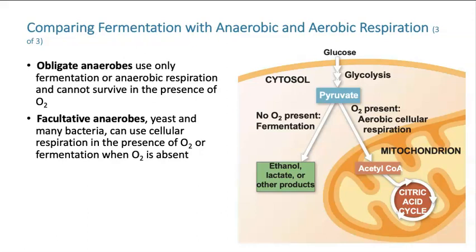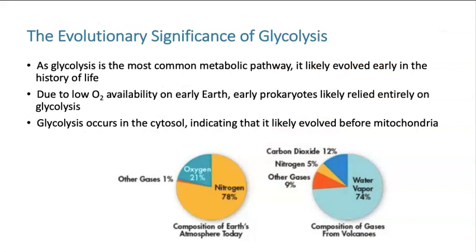Facultative anaerobes. Facultative means, yeah, maybe we can do it, maybe we can't. Sometimes we do, sometimes we don't. Facultative anaerobes, like yeast and lots of bacteria, can use either cellular respiration when there's oxygen around, or fermentation when oxygen is absent.